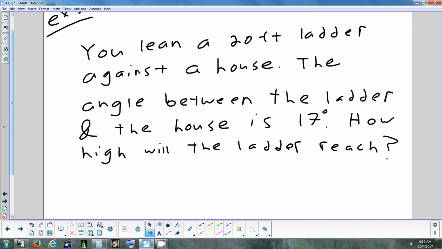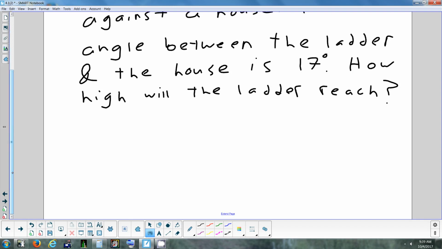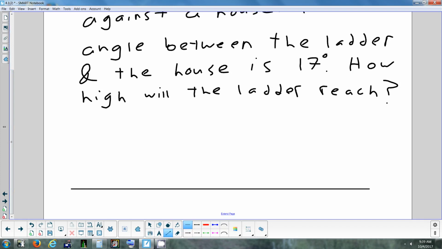All right, so what do you think you want to do in this kind of problem? Probably the very first thing. Yep. Draw it out. And somewhere when we draw it out, what shape do you think is going to pop up? Triangle. Yeah, we're going to get a triangle somewhere. Okay, there's the ground.